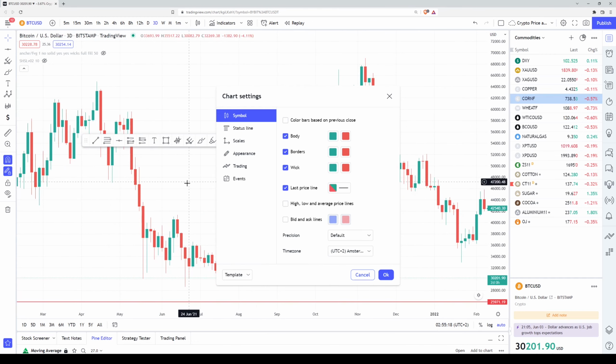So let's say that you're in a long position right here and you wait for price to move against you, and you see all these red candles that follow one day after another.